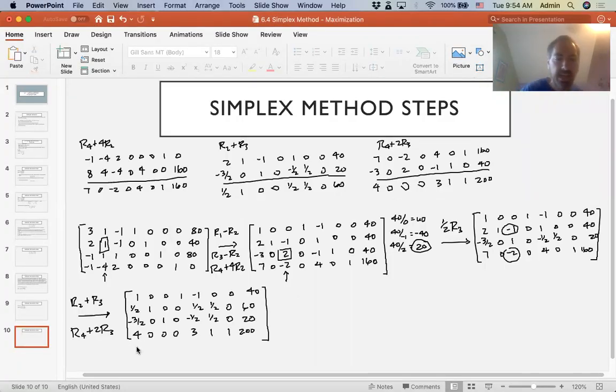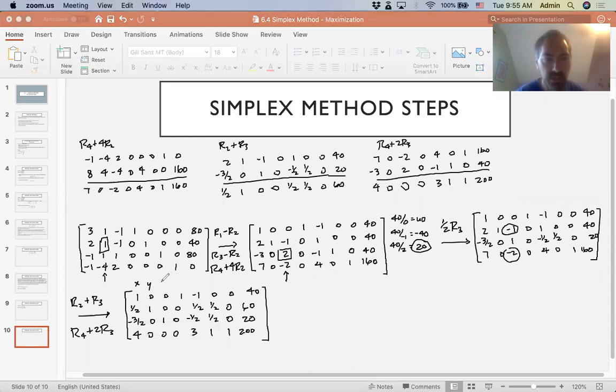All right, so now we look at that last row and we see that we have no more negative entries, so we are finished. Now we need to interpret what this solution is. What's different about this problem is we didn't have all of our columns as pivots. This is x, y, and z, our first three columns that we're interested in, not so concerned about the u, v, and w columns or our profit column.